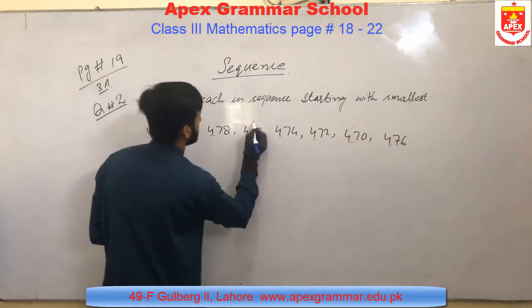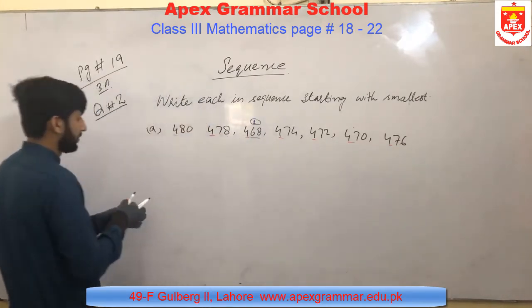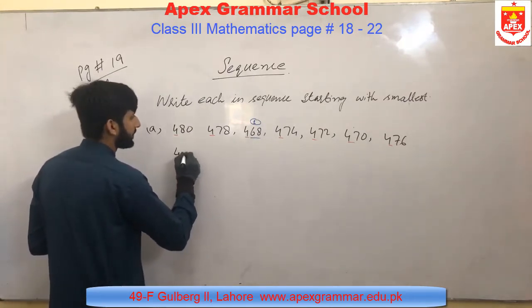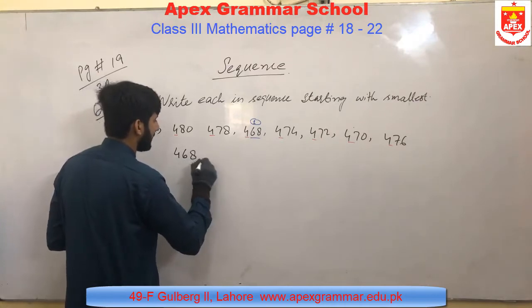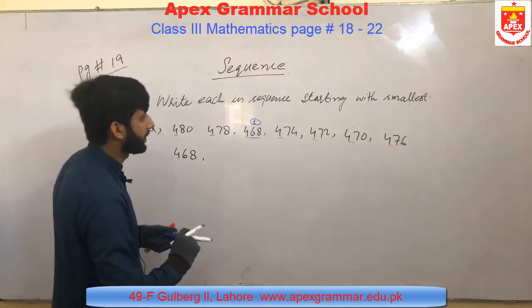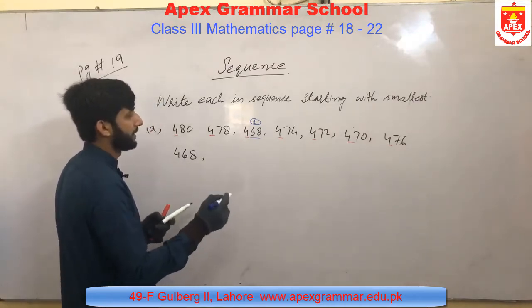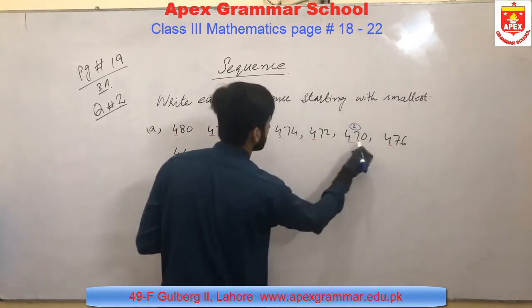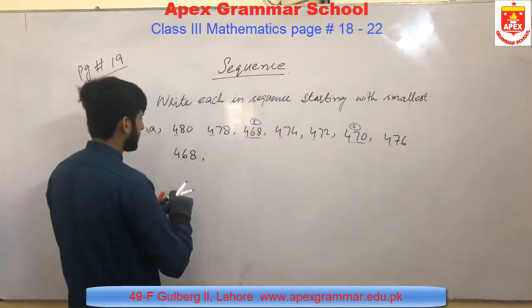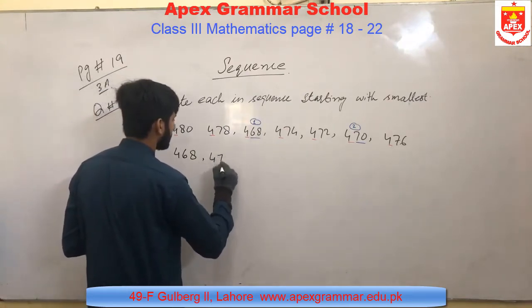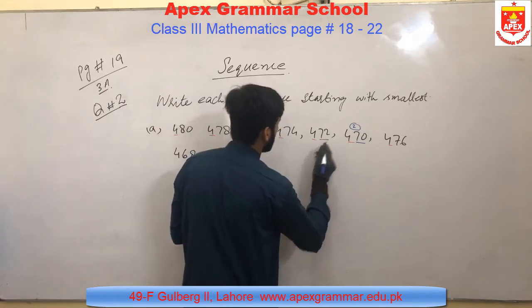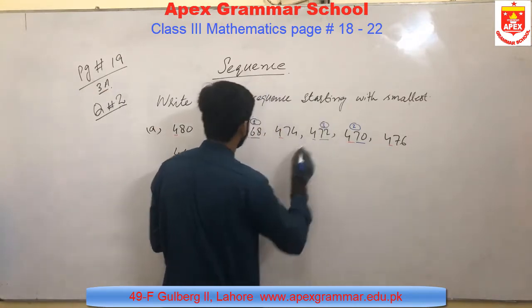This is the first number. So our sequence will start from 468, then after 468 this is 470, the second. Next is 470. After 470 it's 472 in third place.